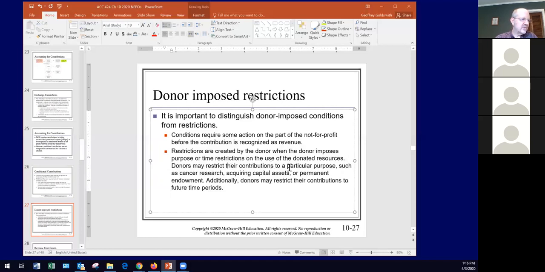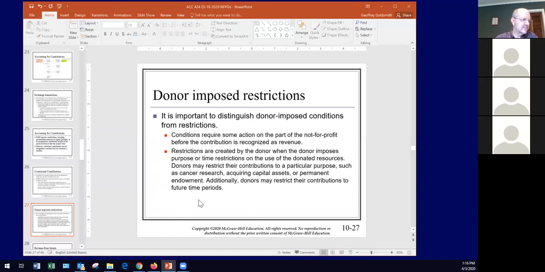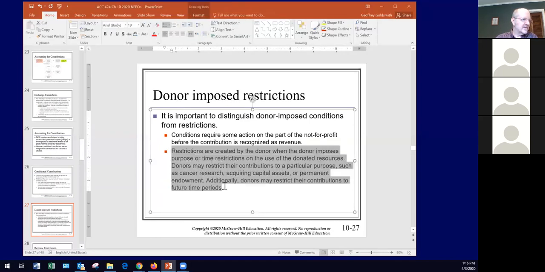They may say use it for a particular purpose, such as cancer research, acquiring capital assets, or permanent endowment. Additionally, they may restrict their contributions to future time periods. So they're not saying you'll get it if this happens. They're saying you will get this, but use it this way.